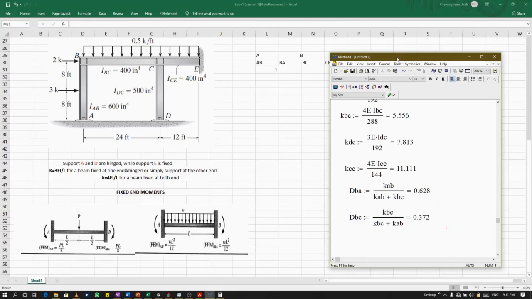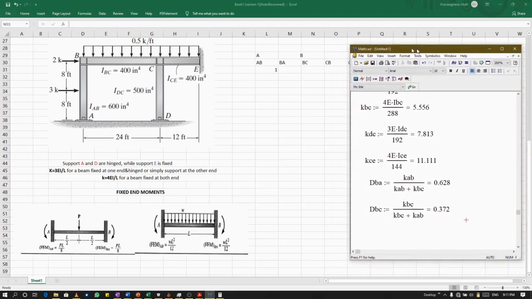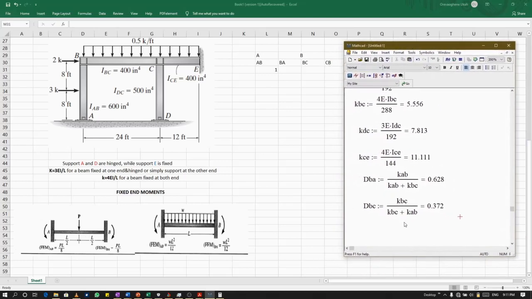Then we're going to get our distribution factor also for CB. That's this D, CB, equals. So I'm going to use our stiffness factor for CB, which is 5.556.